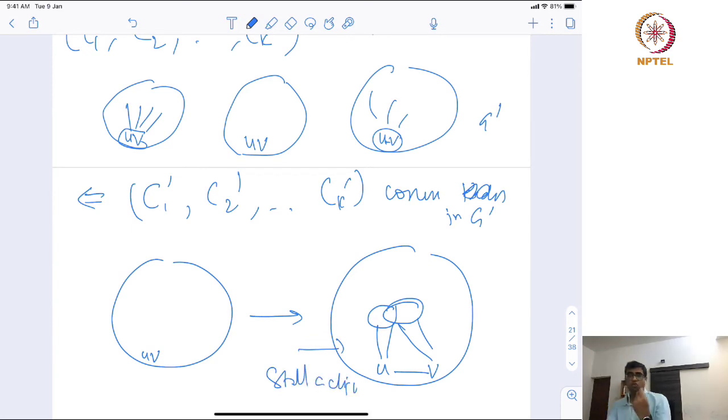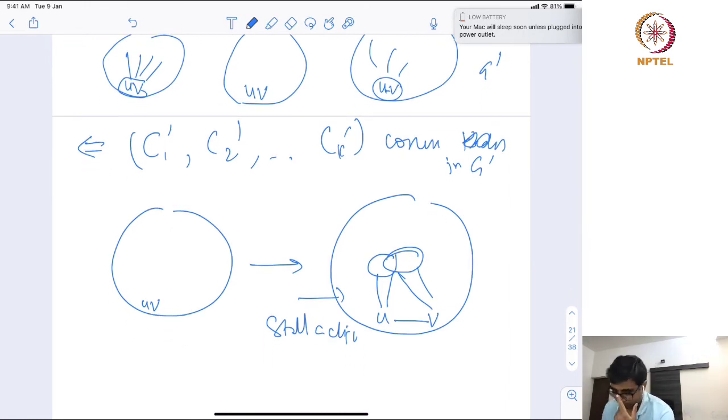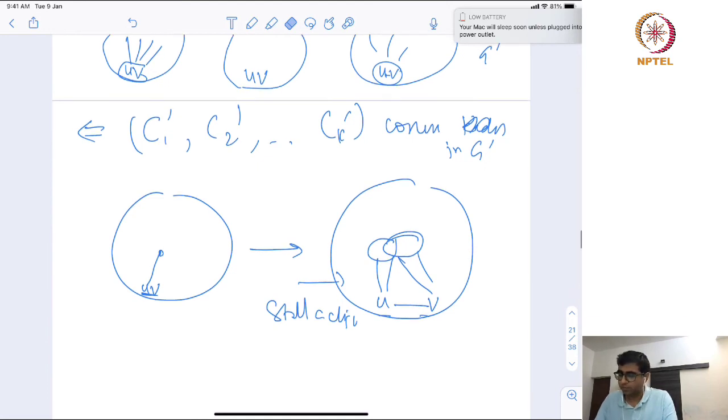And every edge here will be covered by either U or V. Every edge which UV was adjacent to, both U and V are adjacent to. So if I replace UV with this, then this is good. This happens for every edge, so that's perfectly fine.